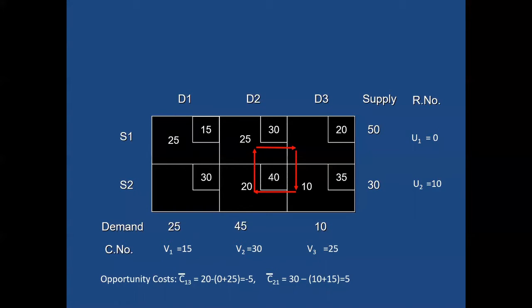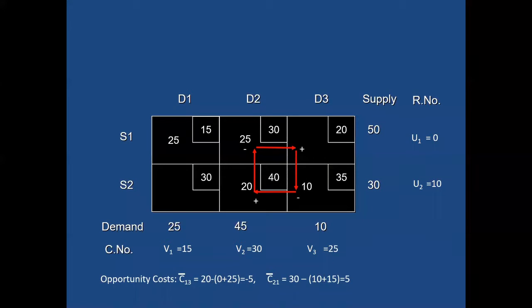Now put the plus and the minus sign, or the positive and the negative sign. Start with the plus sign in the cell from where we have to perform the allocation, the new unoccupied cell. Then alternately you can put the negative and the plus sign. So this is my loop with the positive and the negative sign. Now look at the cells where we have got the negative sign.